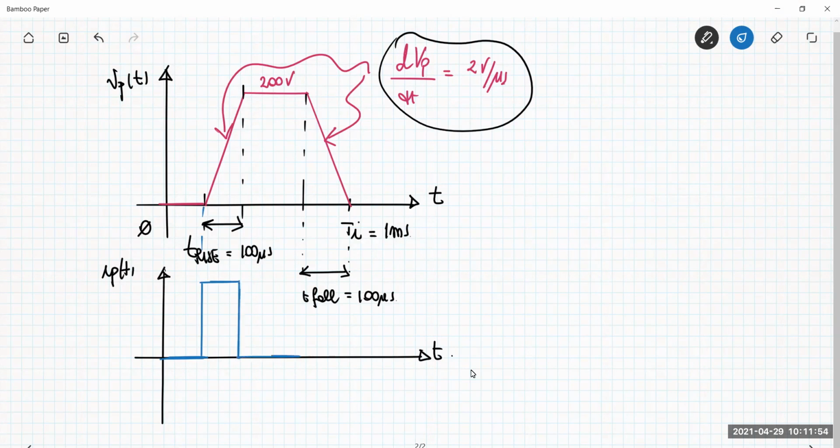Then we have zero current here, and then we have negative current there. So this is Ti, this is T rise, under the microsecond, this is T fall, under the microsecond.